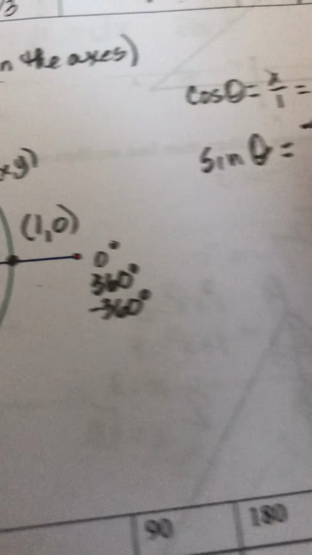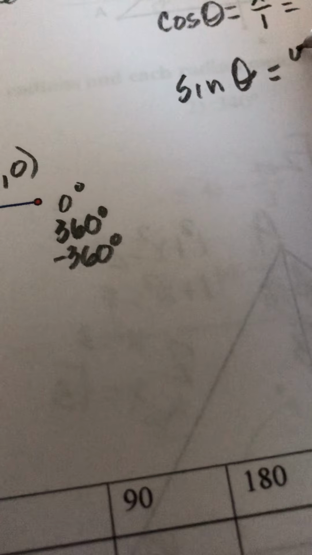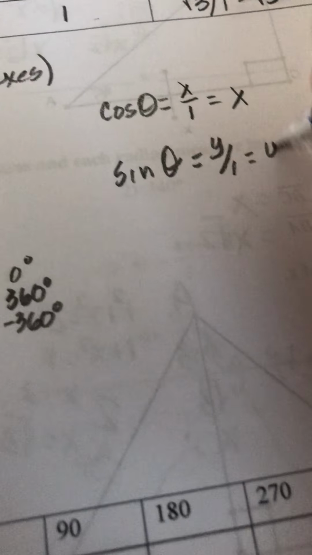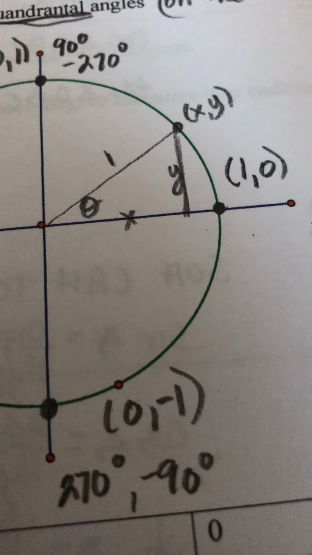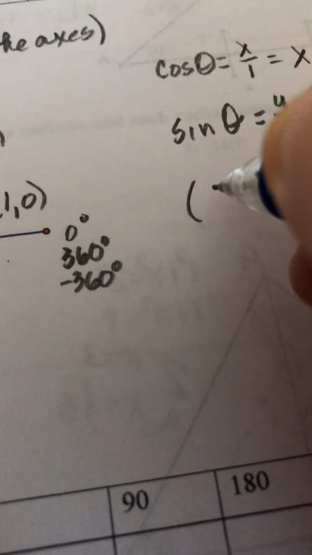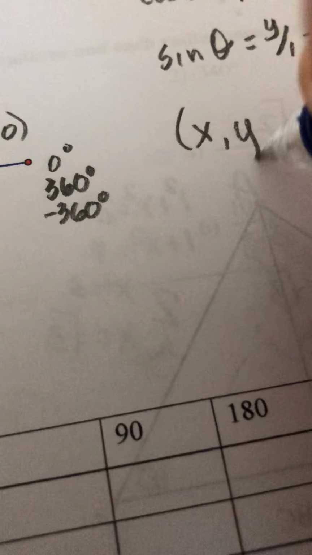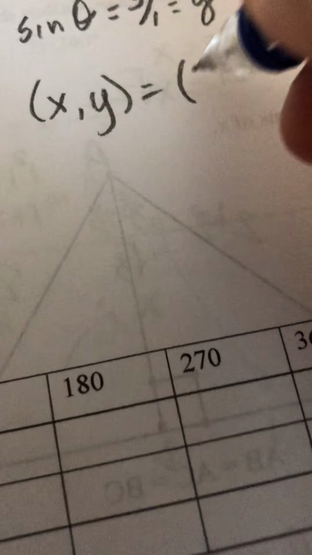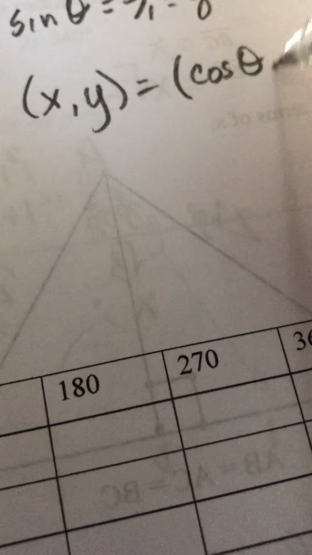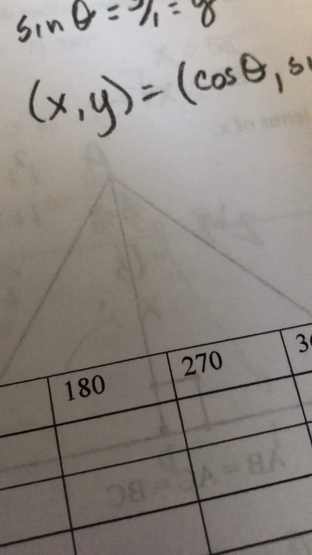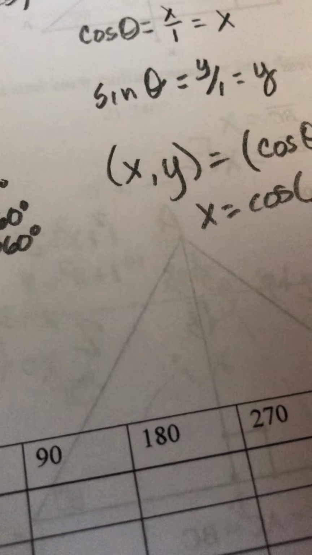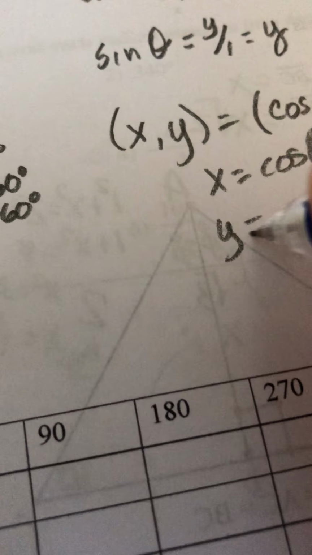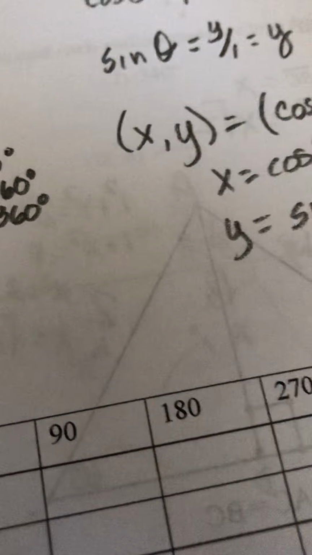And sine theta, which is opposite over hypotenuse, is going to be y over 1, which is y. So if we want to remember information on the unit circle, the xy coordinate is equal to the cosine of theta and the sine of theta, or x equals cosine theta and y equals sine of theta.